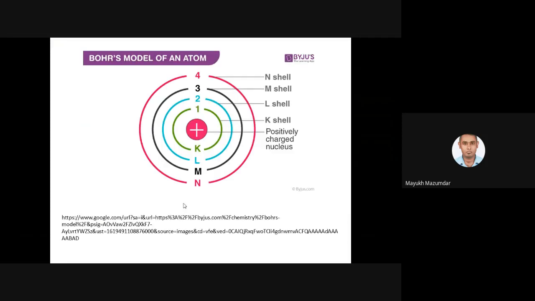And the next model was Bohr's atomic model. So what did this model tell us? Anything you remember here? Ayush, what do you remember from this model?